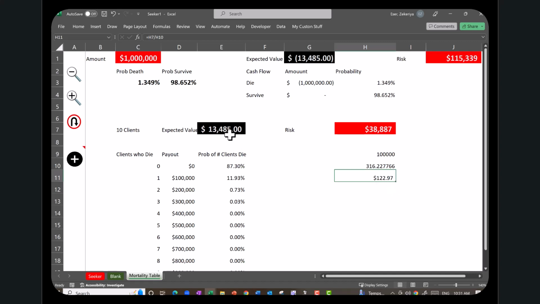So that means your risk is 13,485 plus or minus, let's say 3 standard deviations, 122. So when I'm charging you, I'm going to add my risk premium factor to, if I have only 1 million, I should charge you at a minimum plus 3 times that.